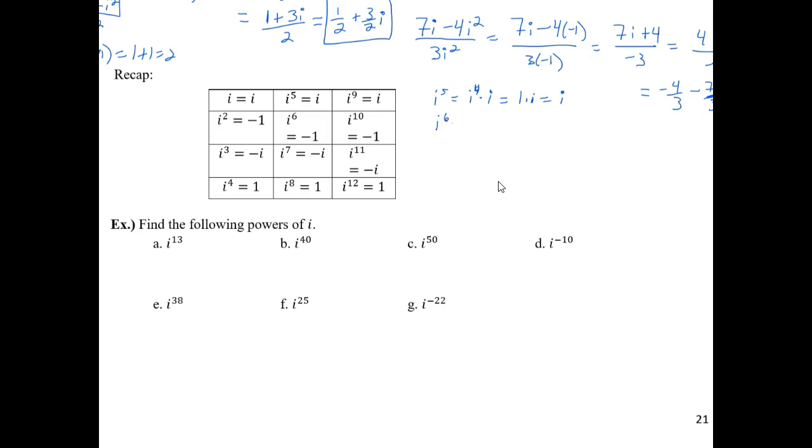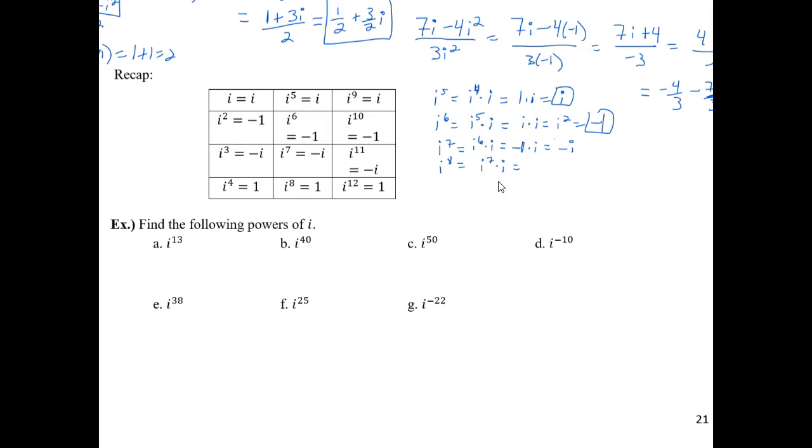If I did i to the sixth, well, that's i to the fifth times 1 more i. And we just found out that i to the fifth was i, so I'm going to write i times i, which is i squared, and we know that's negative 1. i to the seventh, we have i to the sixth times i, and i to the sixth we just found was negative 1, times i will give us negative i. i to the eighth, well, that's i to the seventh times i.